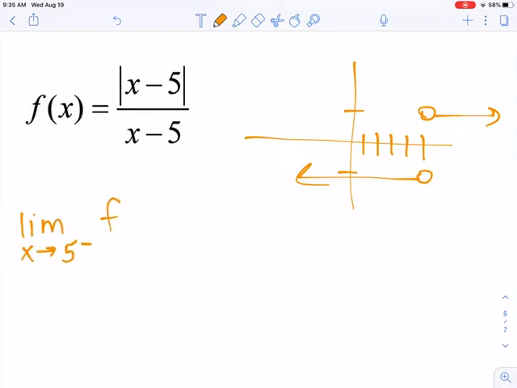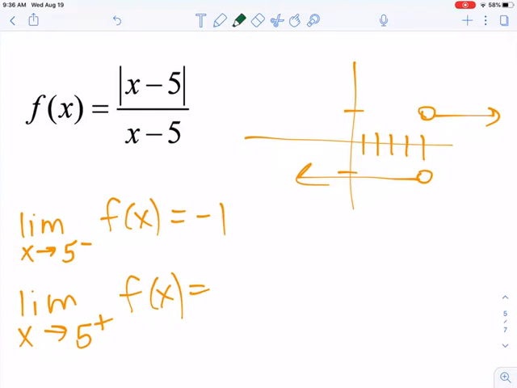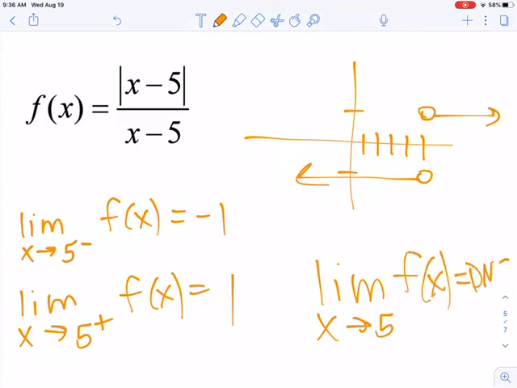So if I ask you for the limit as x approaches 5 from the left, then you would tell me -1. If I ask you for the limit as x approaches 5 from the right of f of x, you would tell me +1. And if I were to ask you for the limit as x approaches 5, you would have to tell me it does not exist because the right and the left hand limits are different.